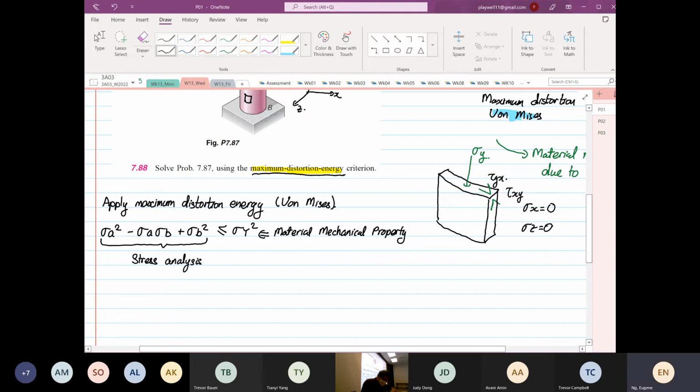So when I say stress analysis, this is what we have to calculate or determine. So we know that stress A and stress B are the principal stresses in 3D Mohr's circle.